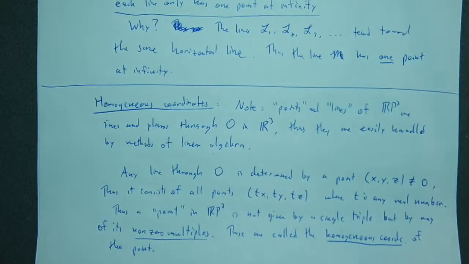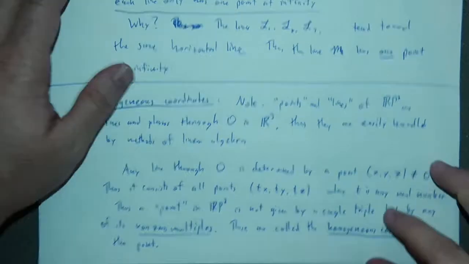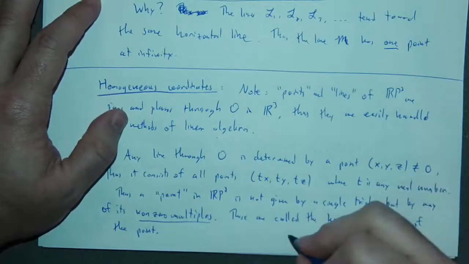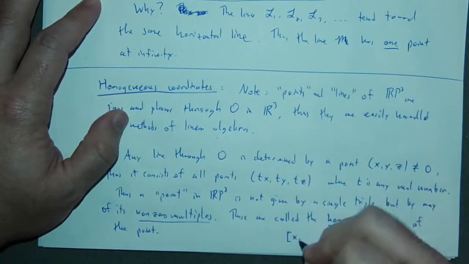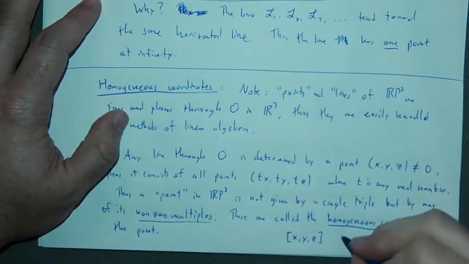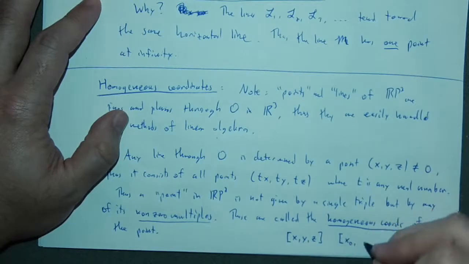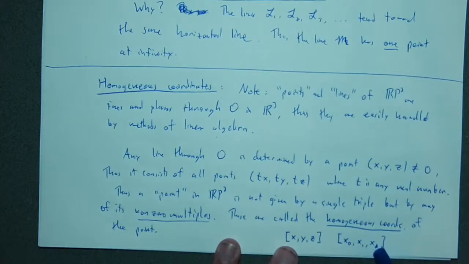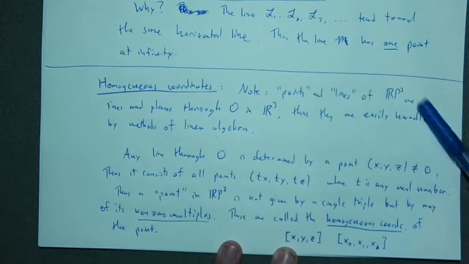In this textbook, he doesn't use a special notation for homogeneous coordinates. Sometimes, if you look this up, you'll see square brackets used like this. More generally, it's x naught, x1, x2. The n that it goes up to is supposed to match the number I've written as my dimension here.